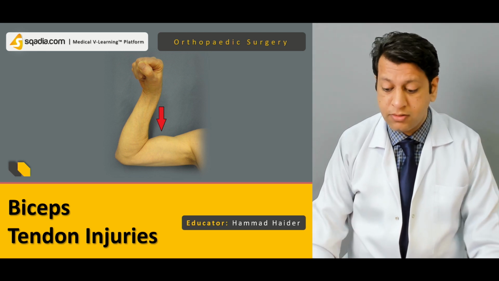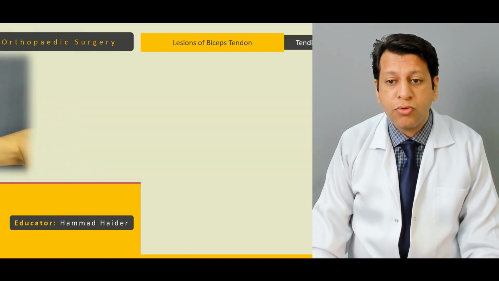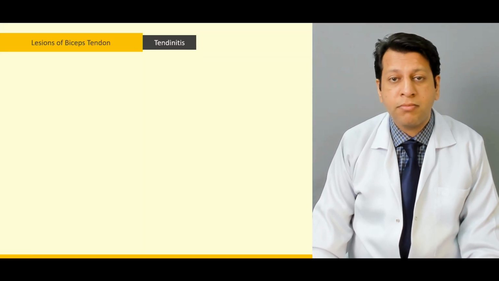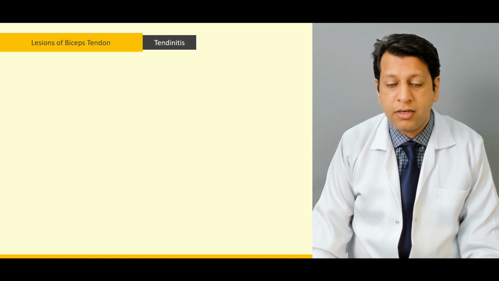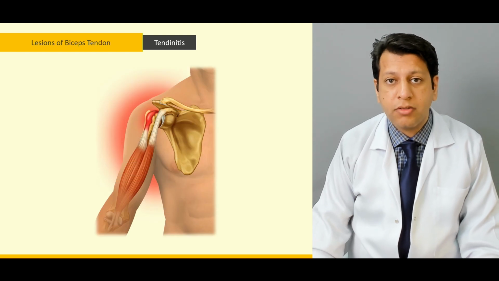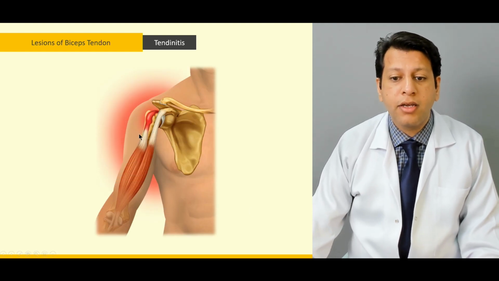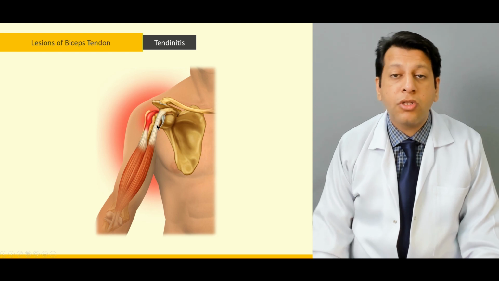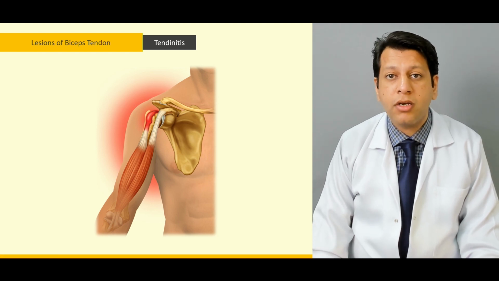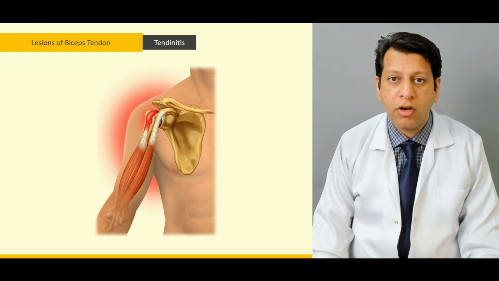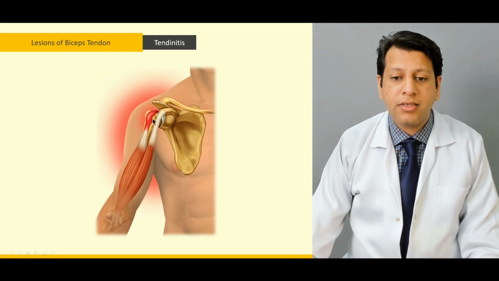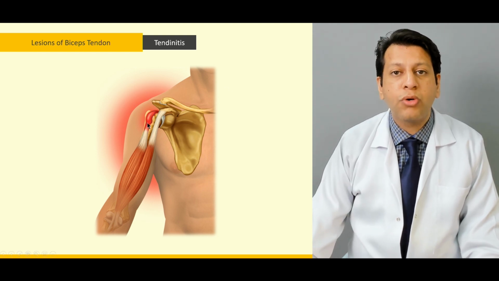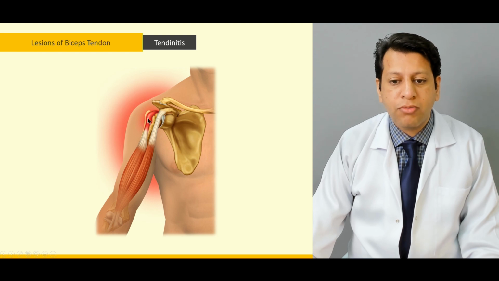tendon injuries. Briefly coming to the anatomy of the bicep tendon, it has two heads. There is a long head and there's a short head. The long head starts from the supraglenoid tubercle of the scapula. As it descends through the rotator interval, it goes all along the bicipital groove.